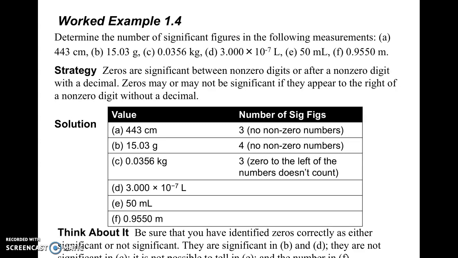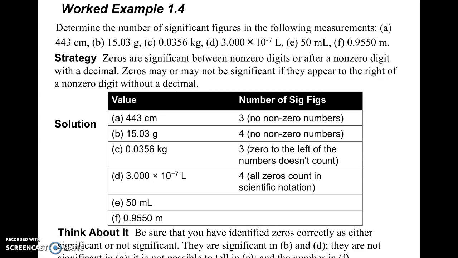But in D, it's in scientific notation, so we know that all 4 of those digits, the 3.000, are significant. When we look at E, we see 50 milliliters, no decimal point, so it's very ambiguous. If it had been written as 50 with a decimal point, we would say it was 2 significant figures. Better yet, put it in scientific notation. And then, of course, that last one has 4 significant figures.